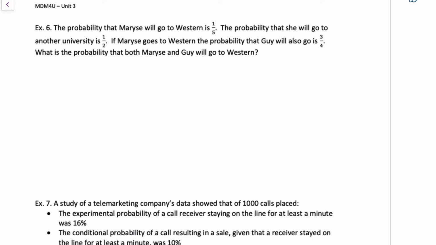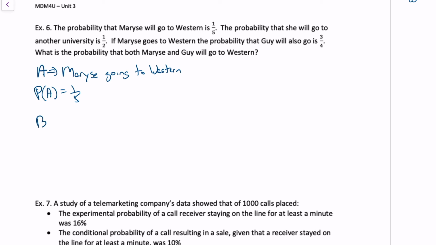This is where I think using the formula is really important. So if you consider A as Maurice going to Western, and I think it's helpful to write out these things, then I know that the probability of A is 1/5. So that was given.